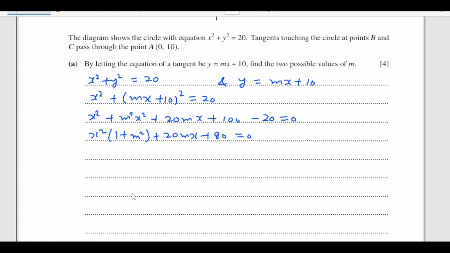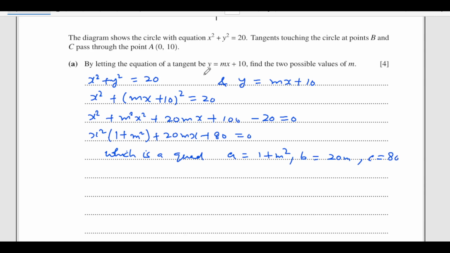So this is a quadratic, with a equals 1 plus m squared, b is equal to 20m, c is 80, right? So we do not need to use the quadratic formula.